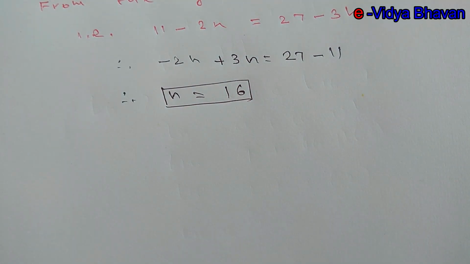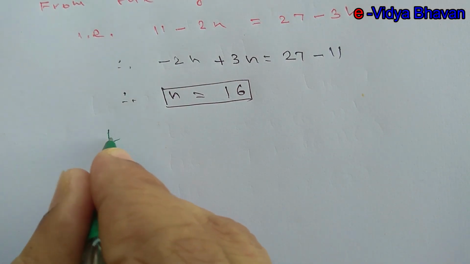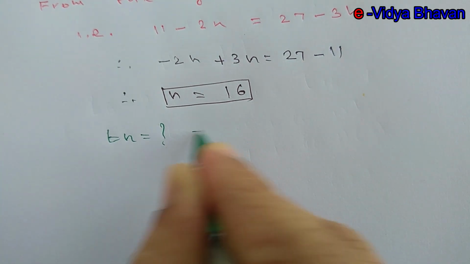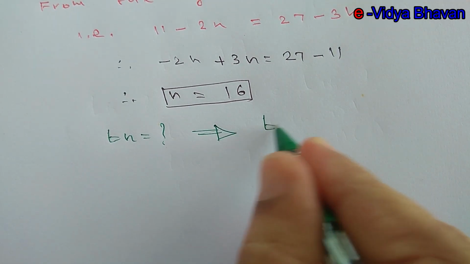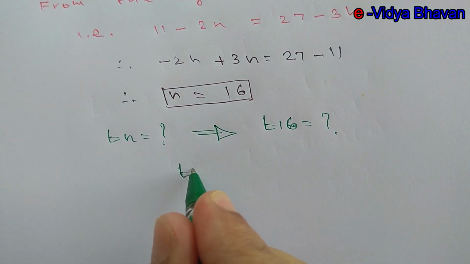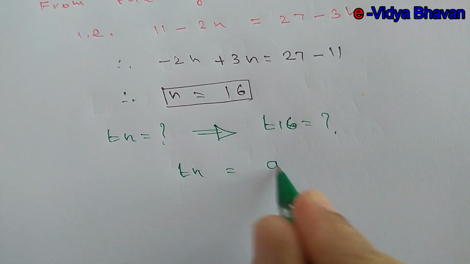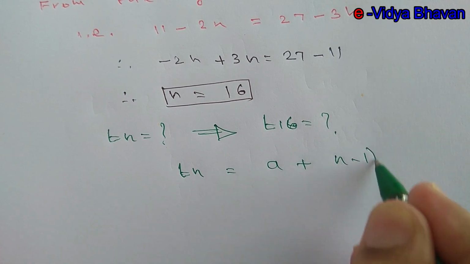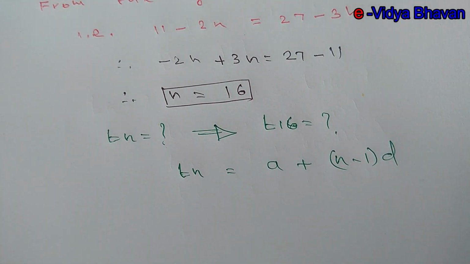Now further they have asked to find the nth term, that is they are interested in Tn, that is T16 is question mark. So Tn is equal to a plus n minus 1 d.